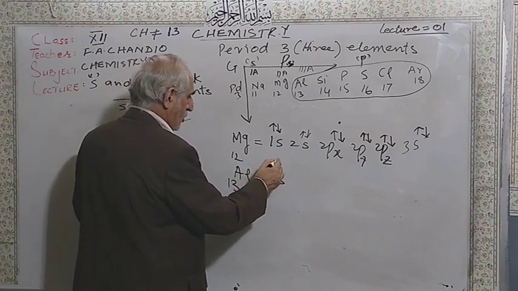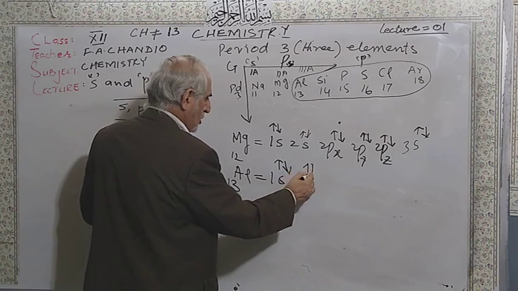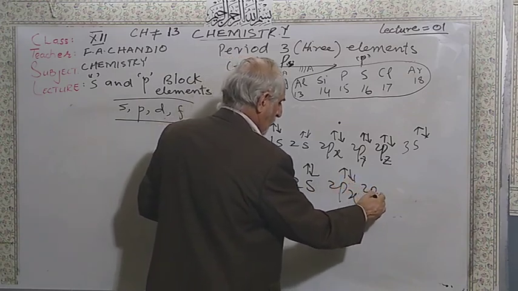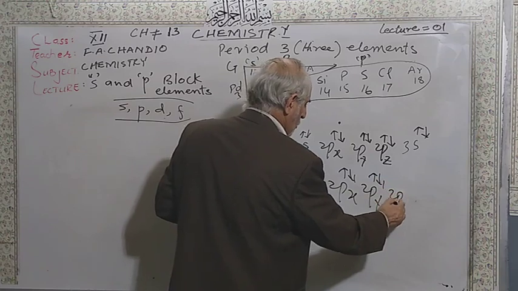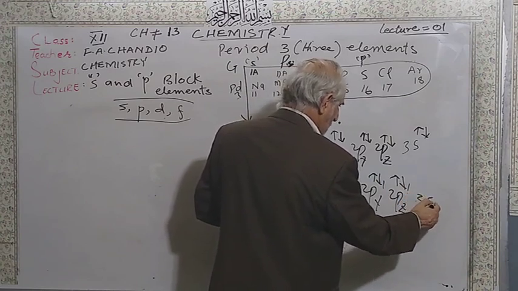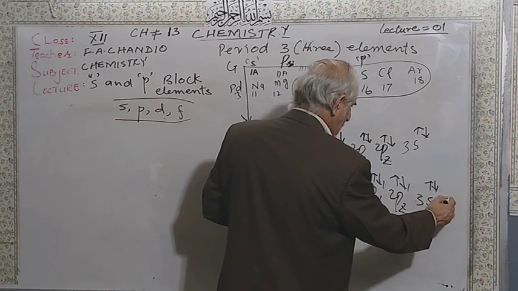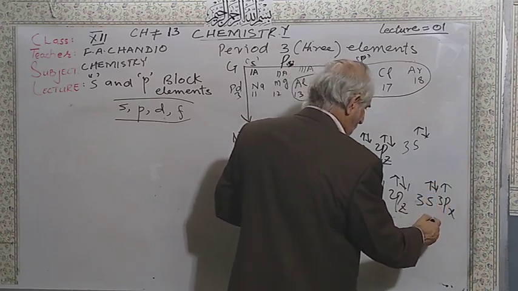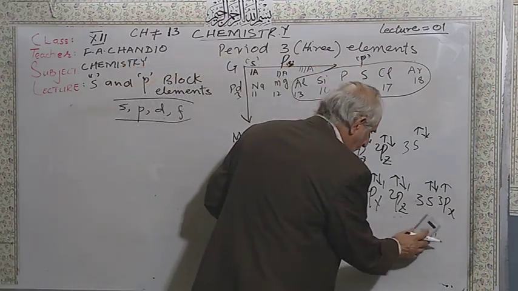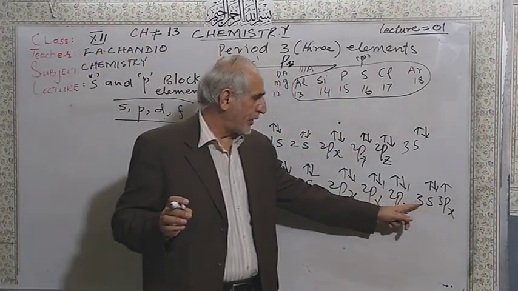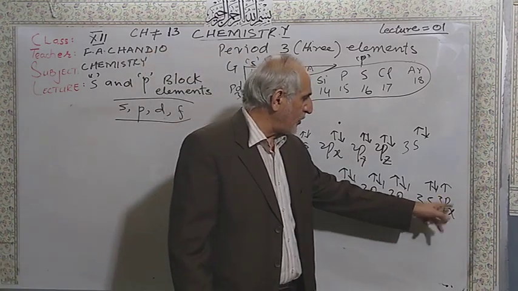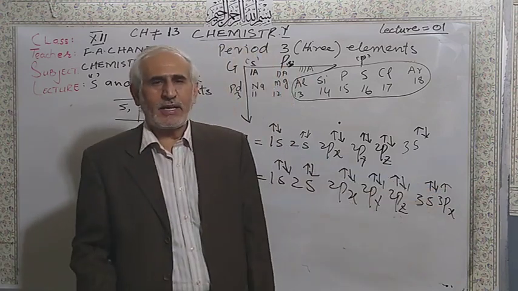So 1s2, 2s2, 2px2, 2py2, 2pz2, then 3s2 and 3px1, this only. Period number 3 and p block, because there is 1 electron present in p and 3 electrons present in the valence shell.